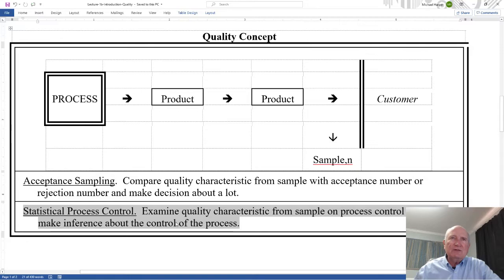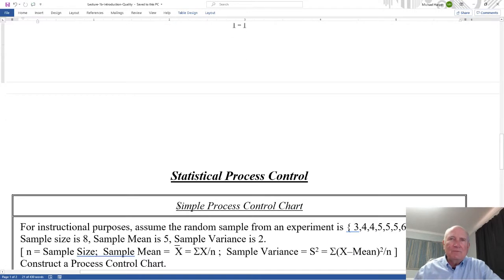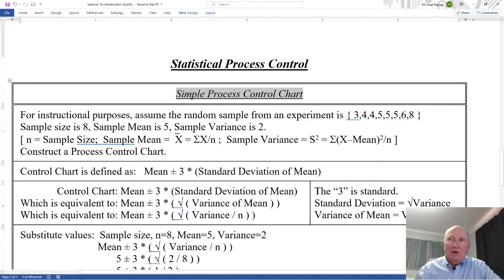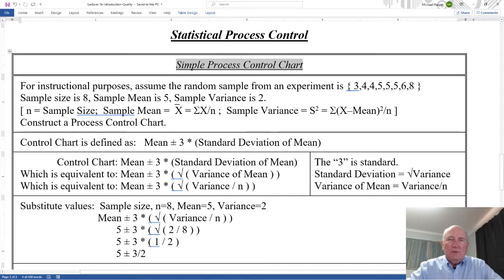So how would we construct a chart? Let's look at how to construct a very simple process control chart. Now there are all different ways of constructing a chart. All I'm doing is introducing a concept. You can use this if you have this kind of data. But in applying a chart, you have to be careful: is this the right kind of data?